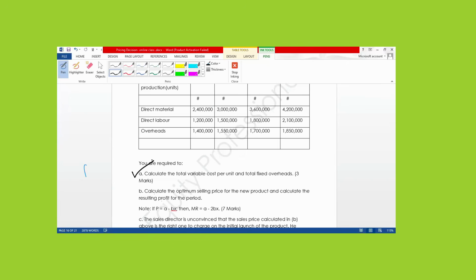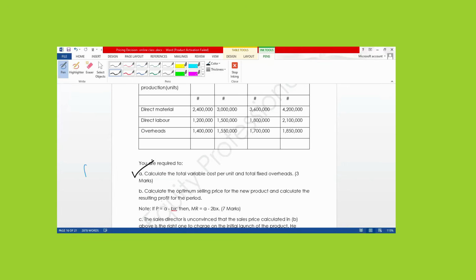Requirement B. Calculate the optimum selling price for the new product and calculate the resulting profit for this period. Price is equal to A minus BX.